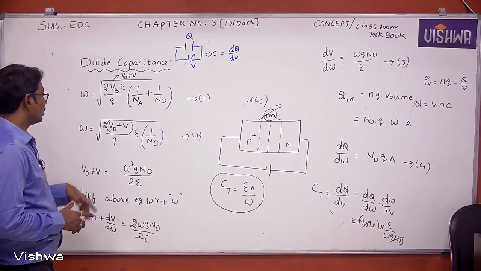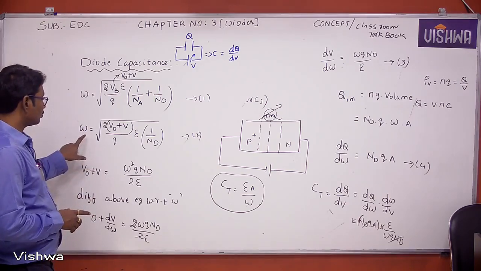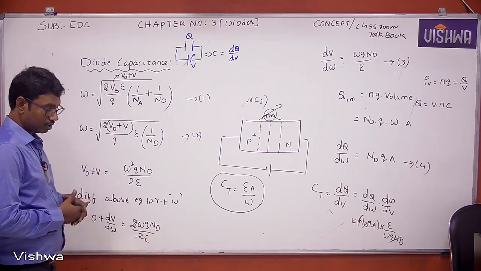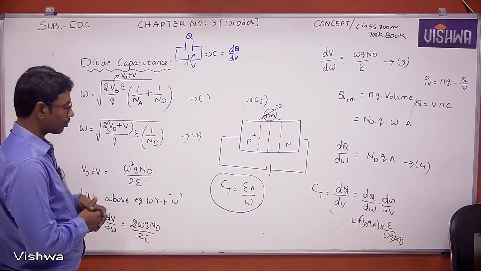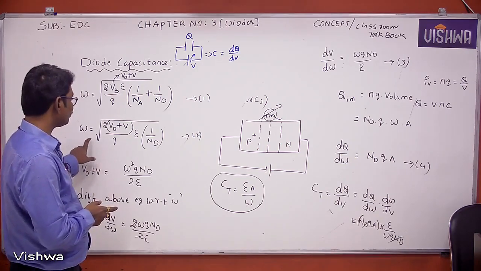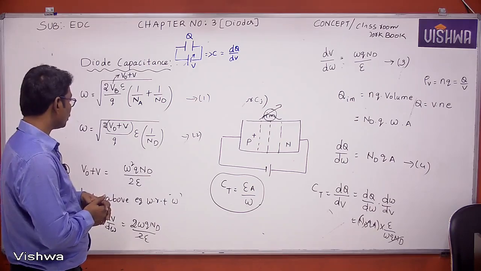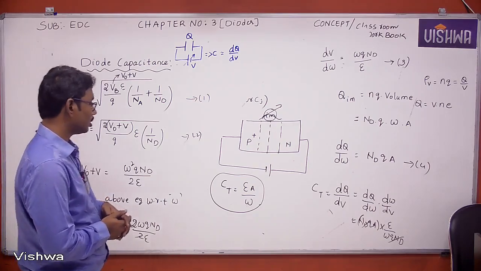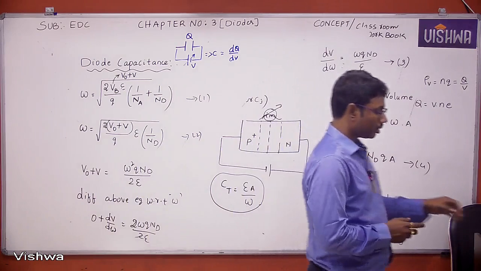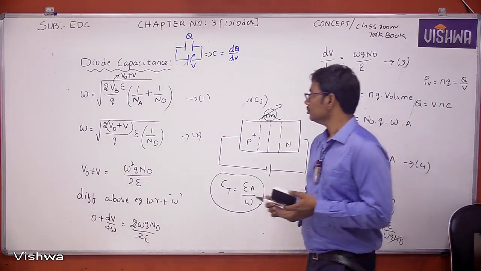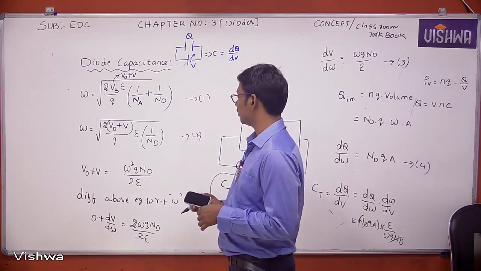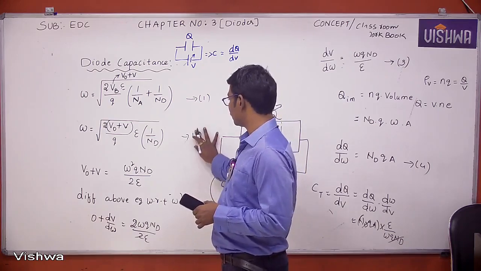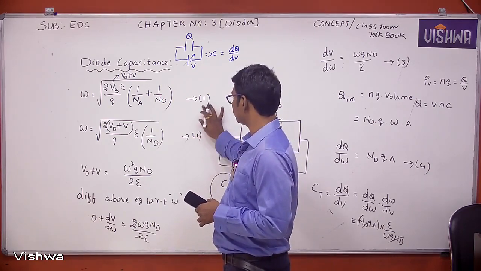Next point, the depletion width of the p-n junction is given by this equation.